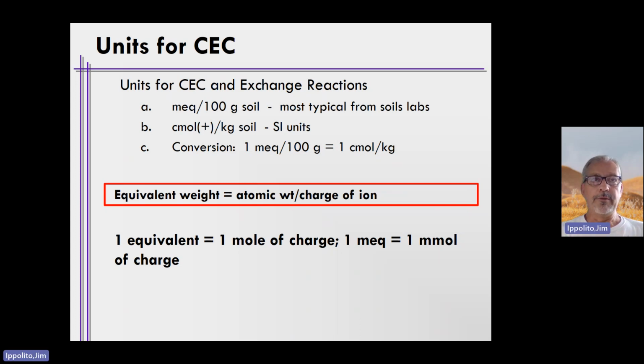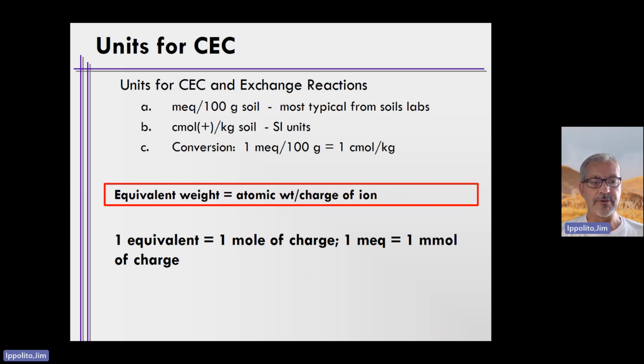Or what is equivalence? Equivalence is the number of charges present on, say, a soil or organic matter surface or in the soil itself. It's essentially the number of either negative charges or actually the positive charges that a soil can hold. And the positive charges that a soil can hold really depend on the charge of the cation that we're talking about.